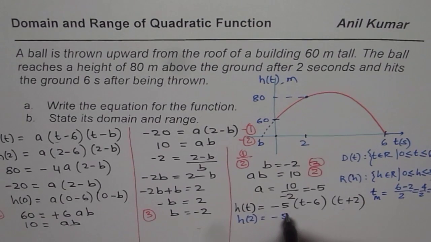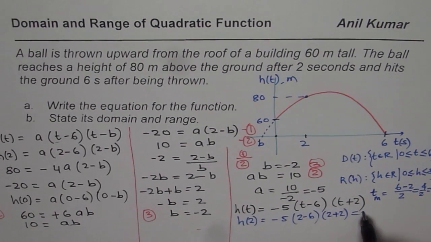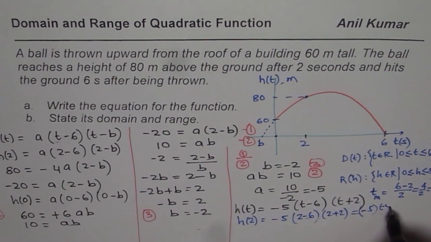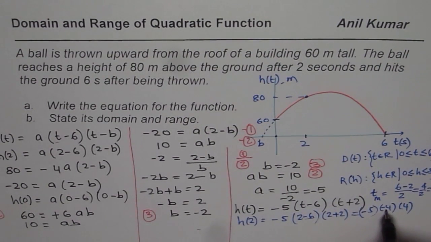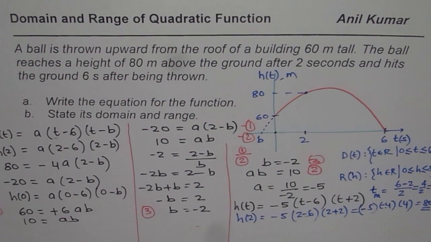So let's substitute: minus 5 times 2 minus 6, times 2 plus 2, right? So this gives us minus 5 times minus 4 times plus 4. And that is 20 times 4, which is 80. You get the point. So in this particular situation, it is not very clear from the very beginning, but at the end we realize that 80 is indeed the maximum height.